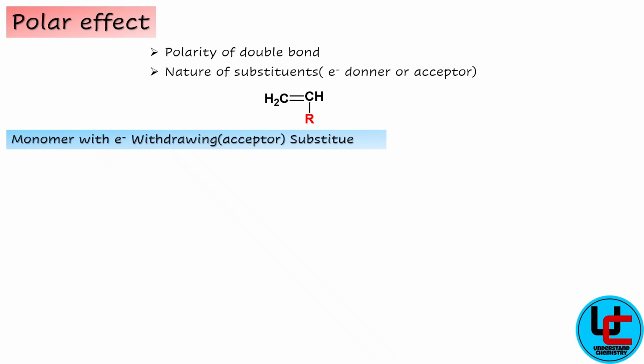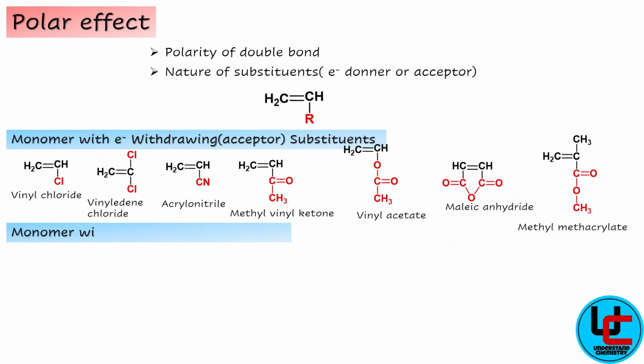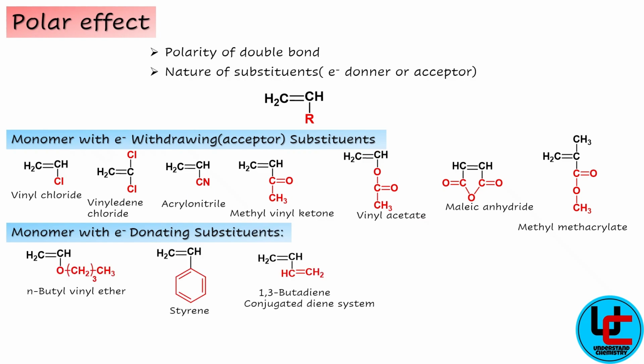This substituent determines whether the monomer is electron-rich or electron-deficient. Let's start with electron withdrawing substituents, also called acceptors. These include groups like chlorine, as in vinyl chloride and vinylidene chloride, cyano group, as in acrylonitrile, or carbonyl groups, as in methyl vinyl ketone or vinyl acetate.